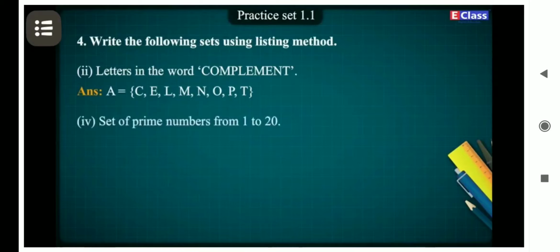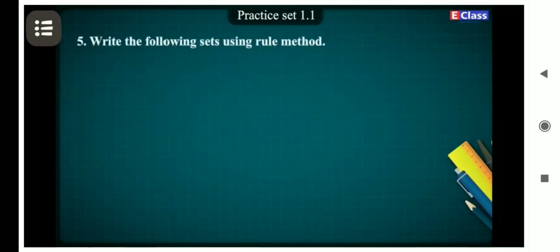Set of prime numbers from 1 to 20. Answer: B = {2, 3, 5, 7, 11, 13, 17, 19}.